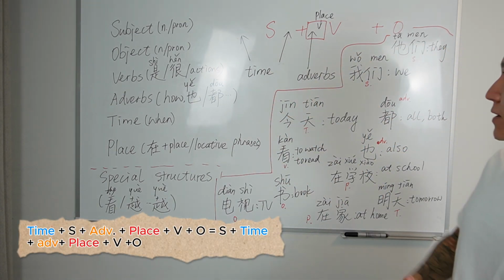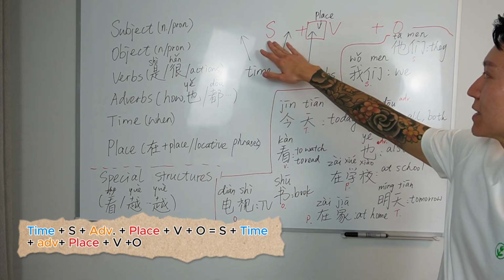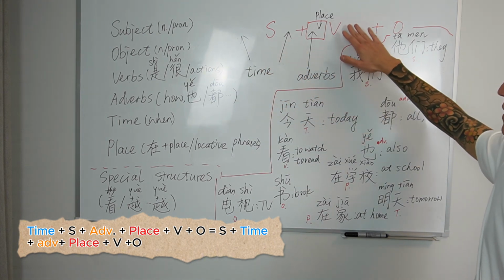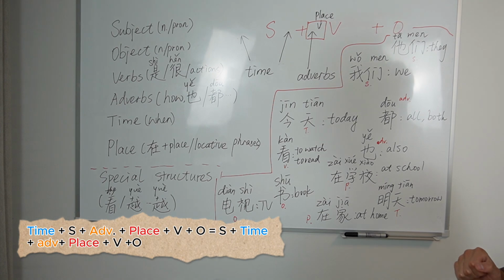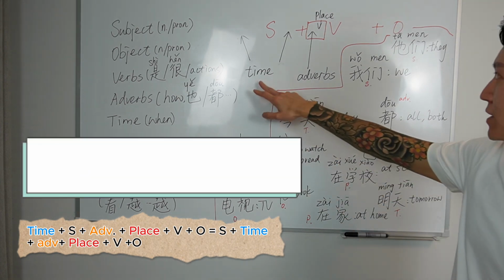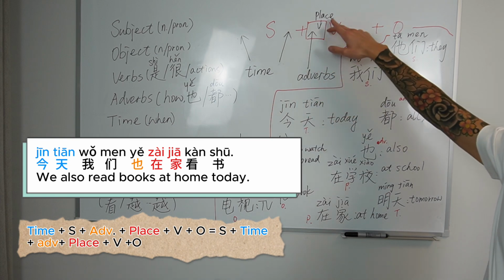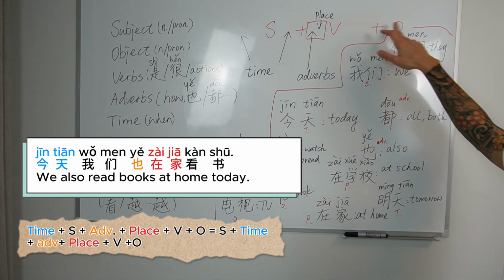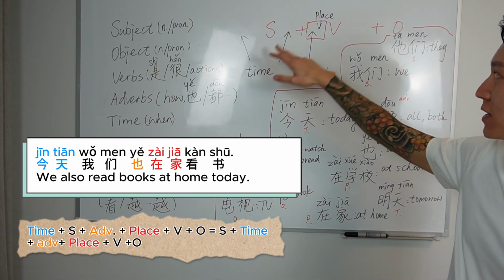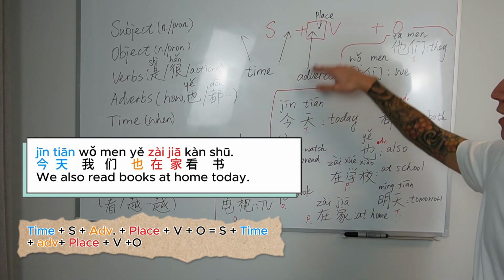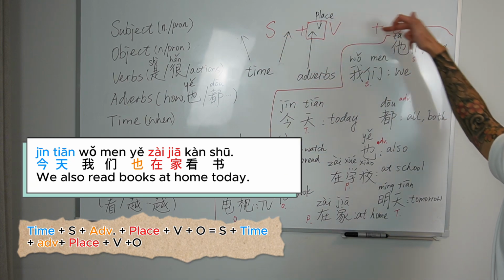So let's say we say time, subject, adverb, place, verb, object. Then we can say 今天我们也在家看书.